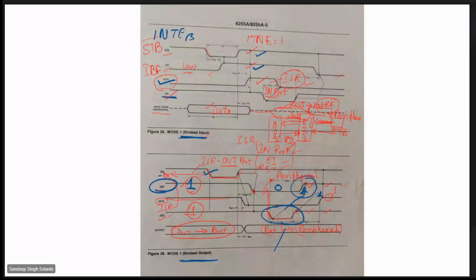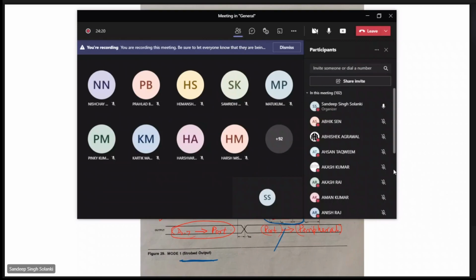Acknowledge will be given by whom? Who generates the acknowledge signal? That you tell me. 8255. So the peripheral generates it and 8255 receives it.